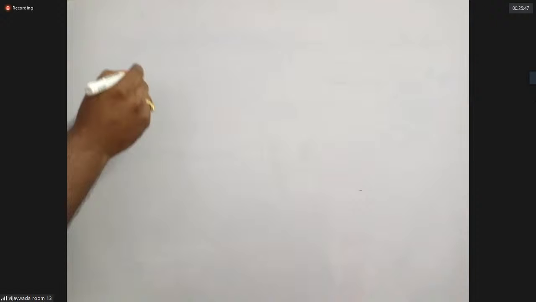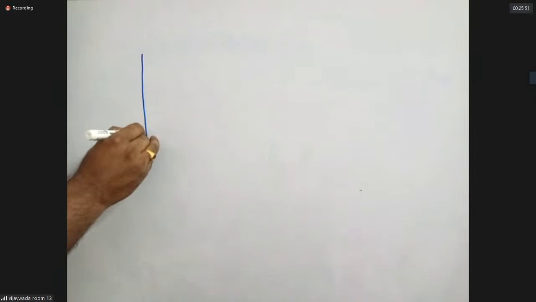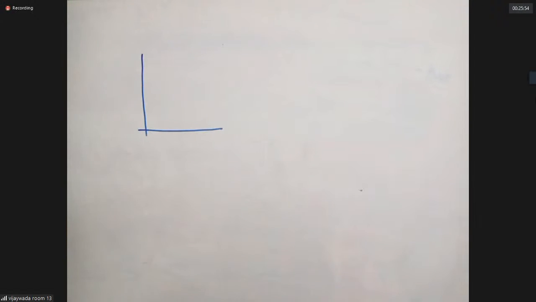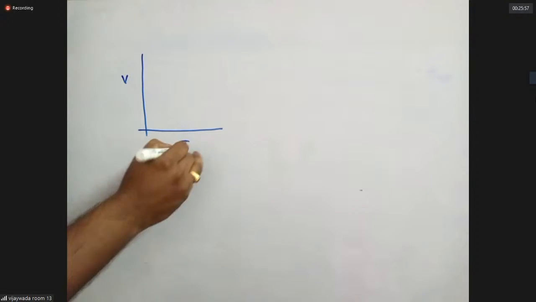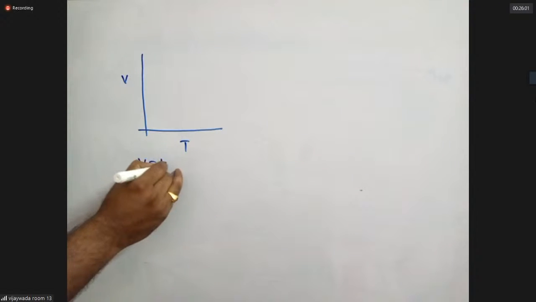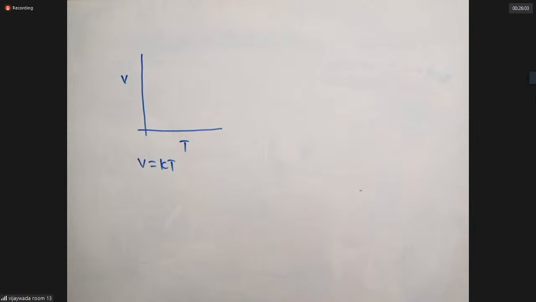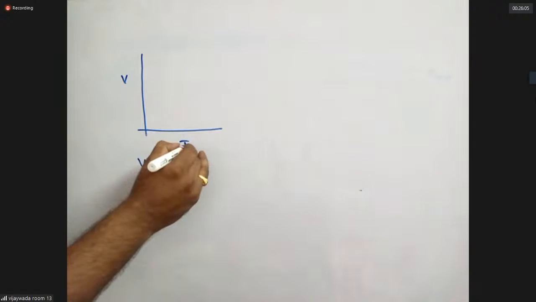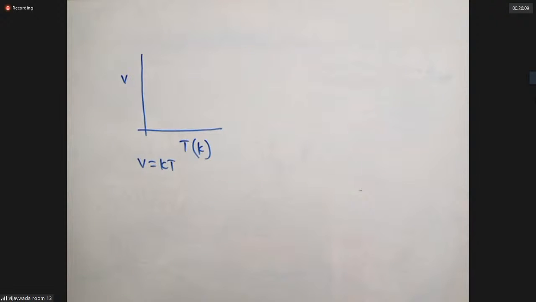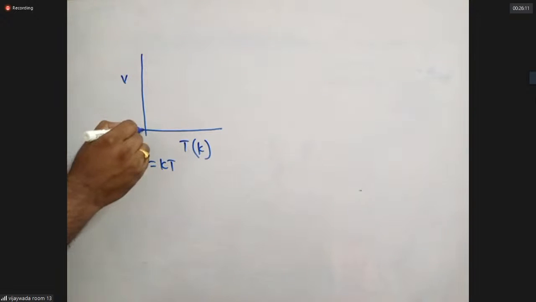Next, graphs for Charles' law. Volume versus temperature. The equation is V equal to KT. It's like y equal to mx. This temperature must be in Kelvin. If you take degree centigrade, that is wrong. So it is 0 Kelvin, and at 0 Kelvin the volume of gas is 0.